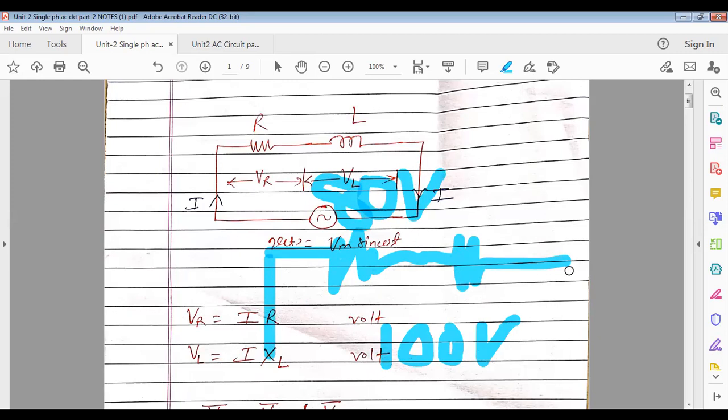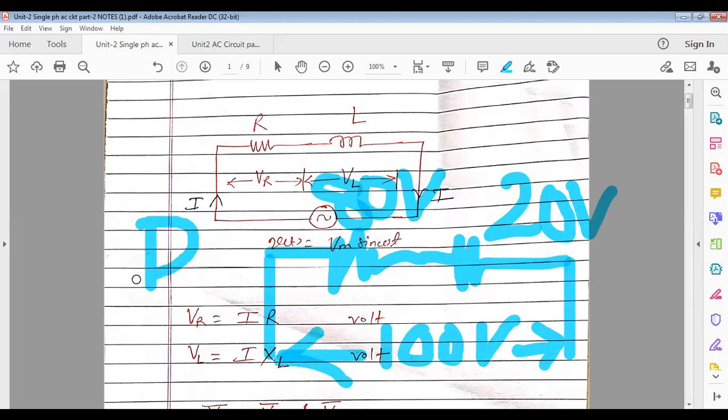Yes, in a DC circuit, I'm talking about a DC circuit, 20 volt. So 100 volt equals 80 volt plus 20 volt. This is the case for a DC circuit. Only magnitude you have to consider here for DC, because magnitude and direction are constant for DC.